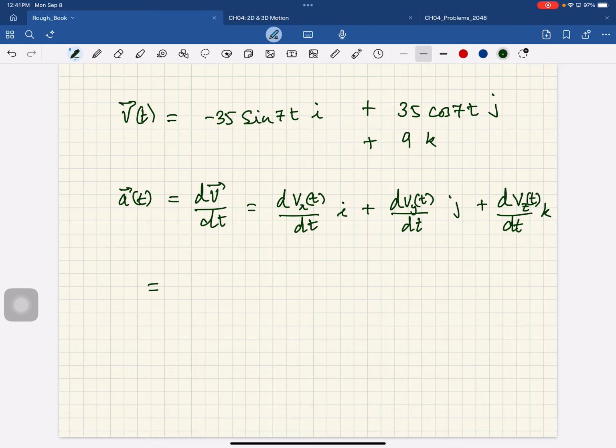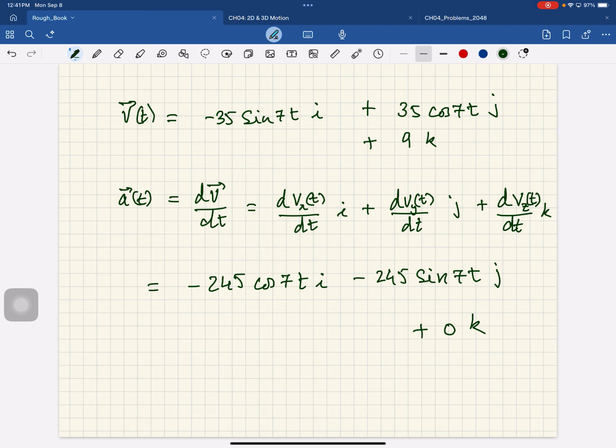Who wants to help me out with the derivatives? So this is 7 times 30 is 210, 245. So negative 245 cosine 70 i, negative 245 sine 70 j plus 0k.